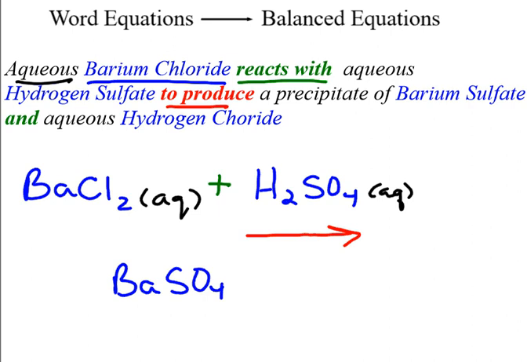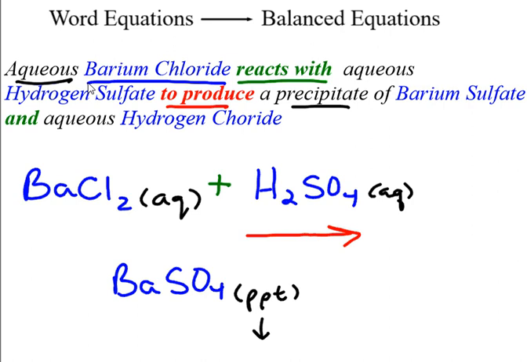The fact that it's a precipitate uses the prefix PPT. You could also use a downward pointing arrow because chemists have shorthand for their shorthand. A precipitate is that white chunky stuff that falls to the bottom of the test tube. Well, in fairness, it's not always white, but precipitates are solids that are produced in chemical reactions.